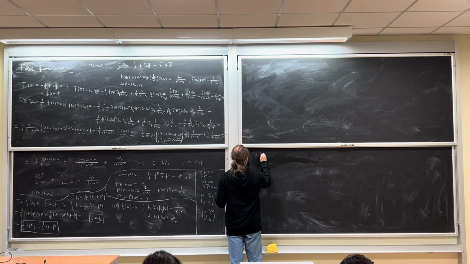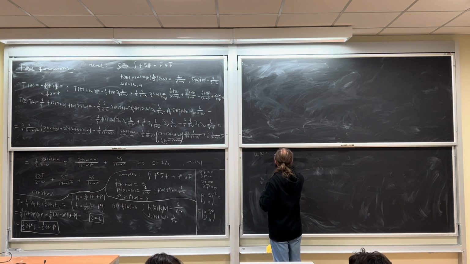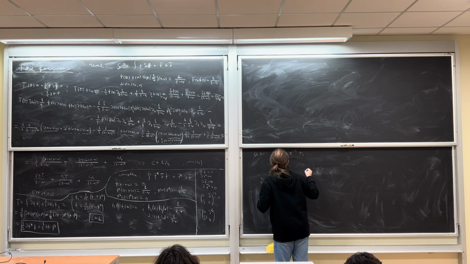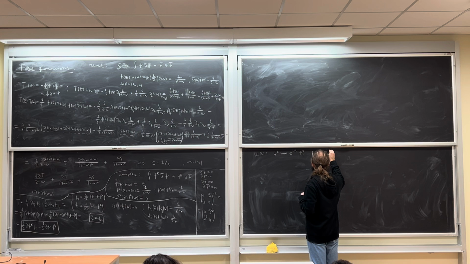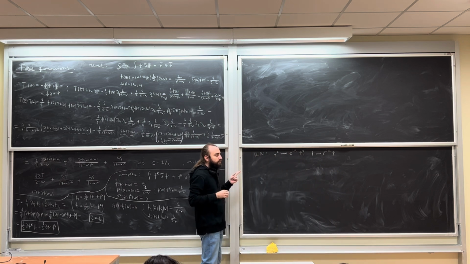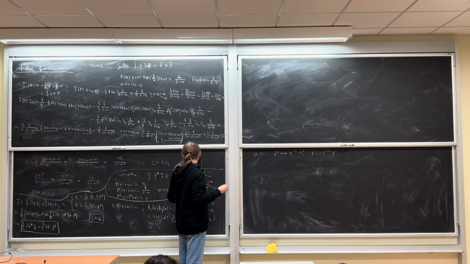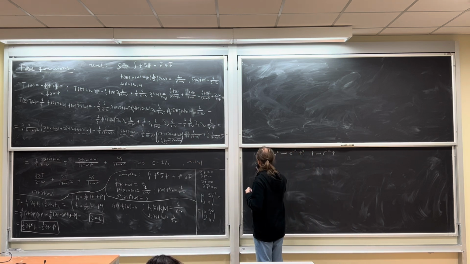So there is this U1 which acts like psi star is mapped to e to I alpha psi star, and psi maps to e to minus I alpha psi. If you want to compute the charge corresponding to this symmetry, we can just apply this transformation.